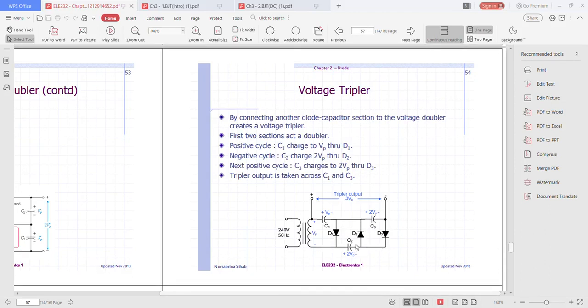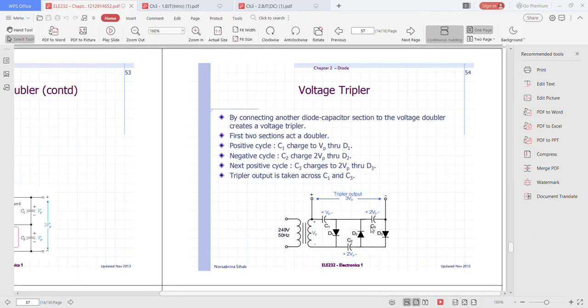But now during the next positive cycle, C3 will charge to 2 Vp through D3, because this capacitor acts as an input for this loop. So that is why C3 will charge up to 2 Vp.